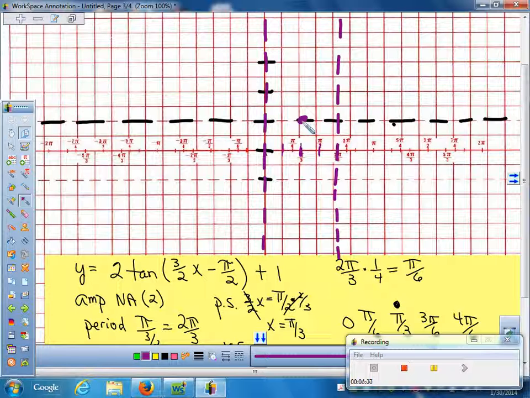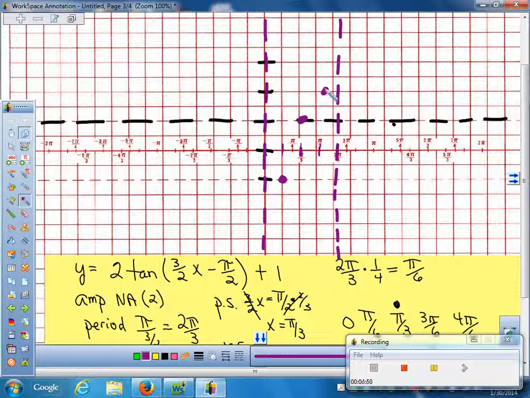Tangent rises. Okay, so I've got to plot those 2 halfway points. One of them's up, one of them's down. How many units up and how many units down? Up 2. Okay, since the amplitude number was 2, we are up 2 and we're down 2. The left side's got to be down 2. The right side's got to be up 2 units.